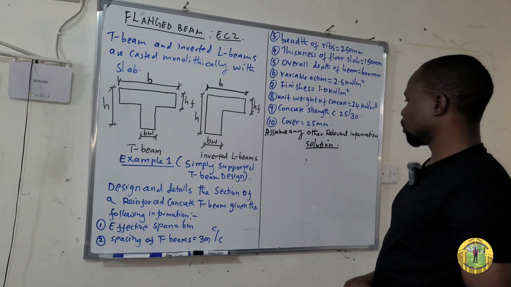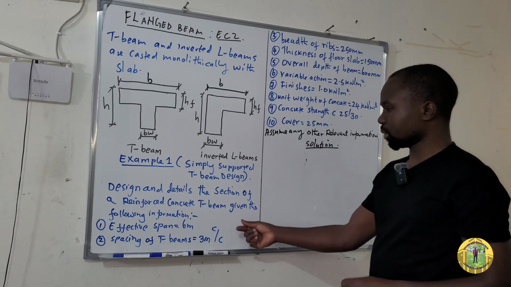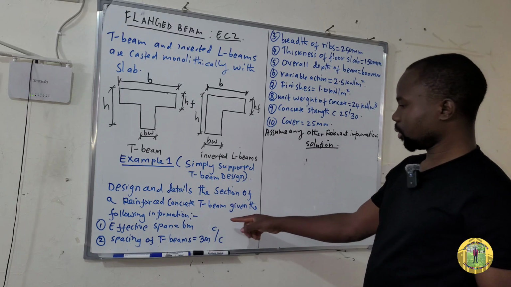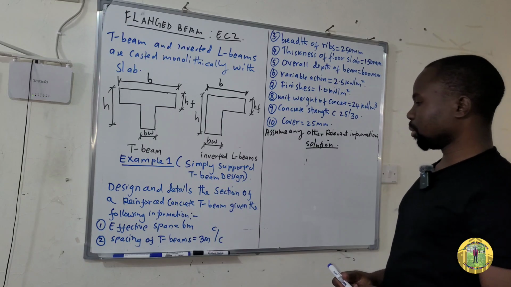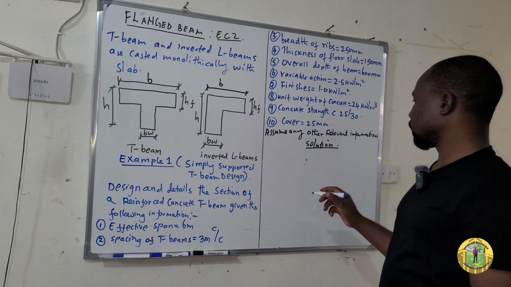As you can see from the question, you have been told that the effective span of the beam is 6 meters, and it is spaced at 3 meters center to center.